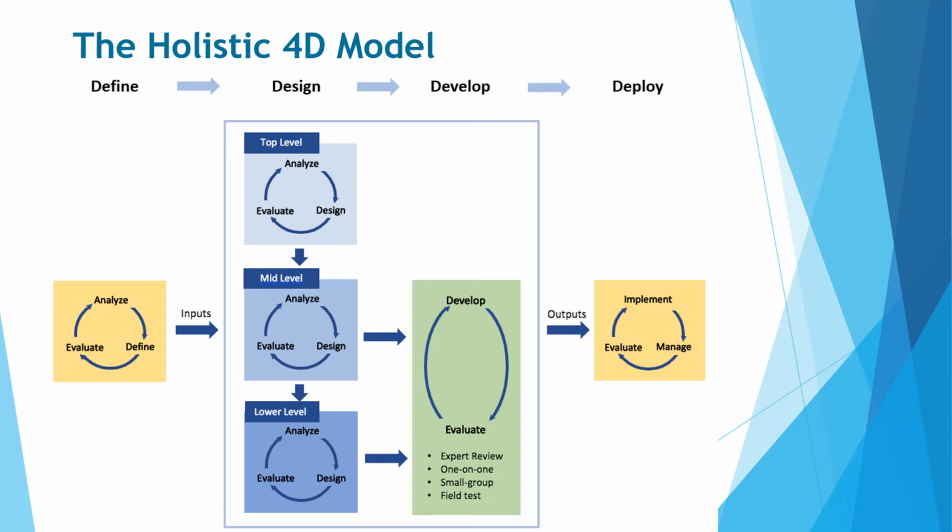Note that it has cycles within each of the 4 major activities, such that analysis, design, and evaluation, major parts of the ADDIE model, occur iteratively at each level of design. In fact, evaluation occurs in all 4 activities, the 4 Ds. Now let's look at the 10 prominent features of the holistic 4D model in some detail.